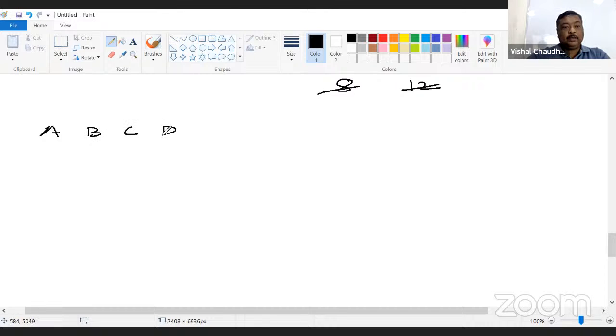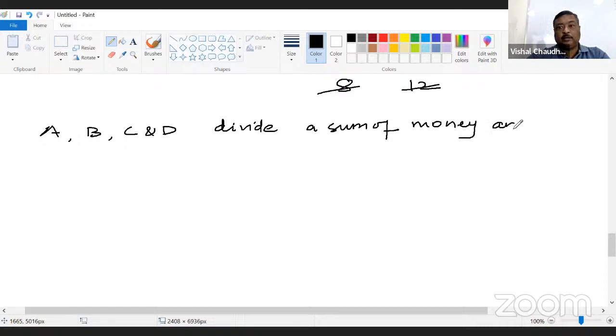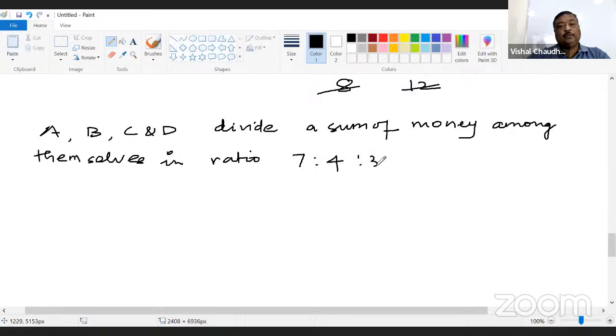A, B, C, and D divide a sum of money among themselves in a ratio 7 is to 4 is to 3 is to 2.